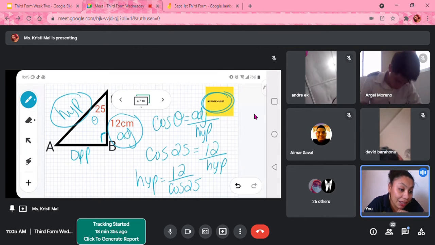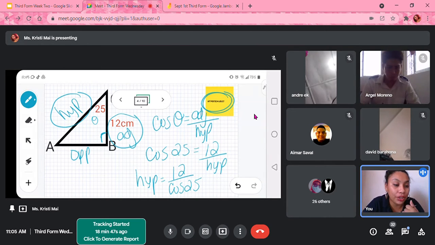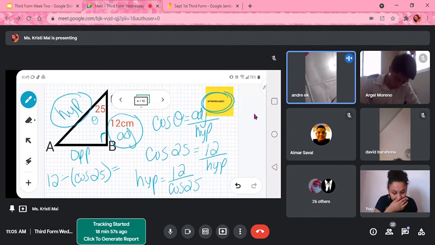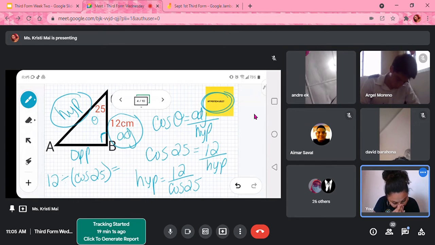in your calculators now, you are going to be writing 12 divided open brackets cosine 25 close brackets. That is what I want you to insert in your calculator. So 12 divided by cosine of 25, and then you press equal sign. 13.24 centimeters.